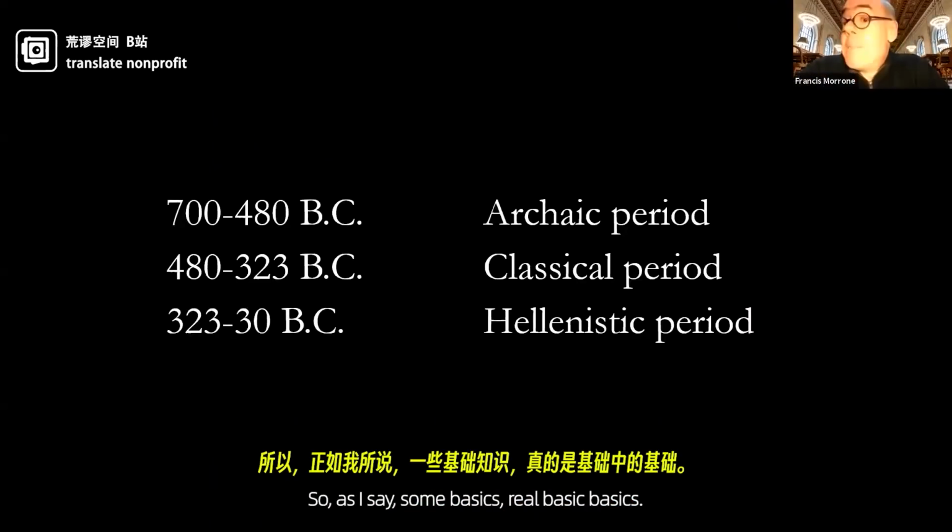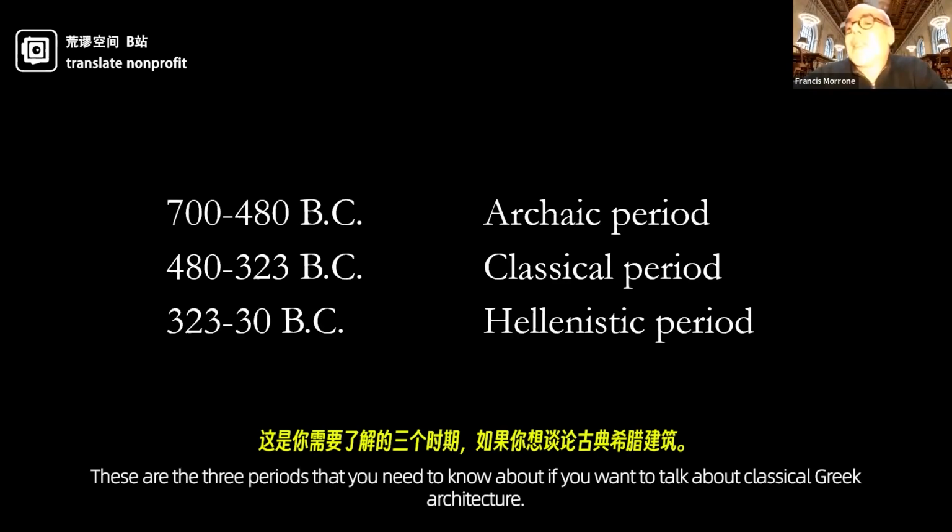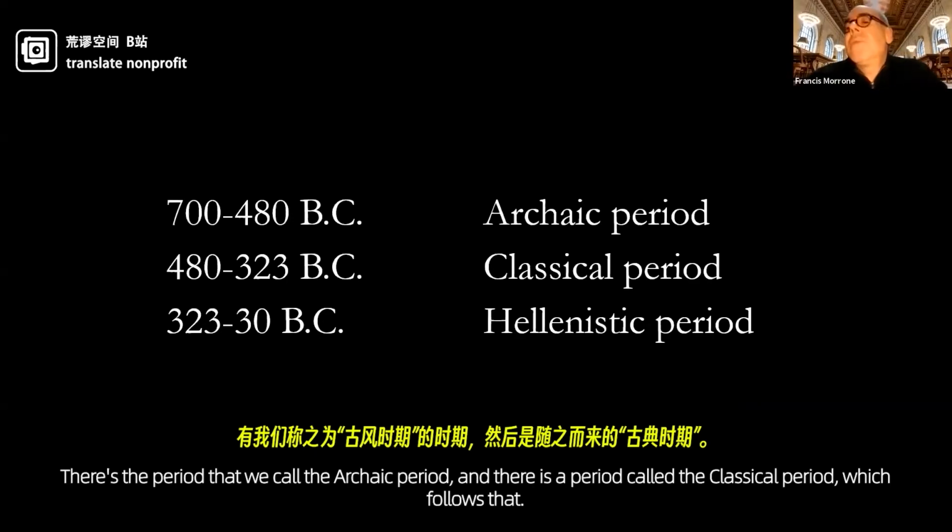So, as I say, some basics, real basics. These are the three periods that you need to know about if you want to talk about classical Greek architecture. There's the period that we call the Archaic period, and there is a period called the Classical period, which follows that.